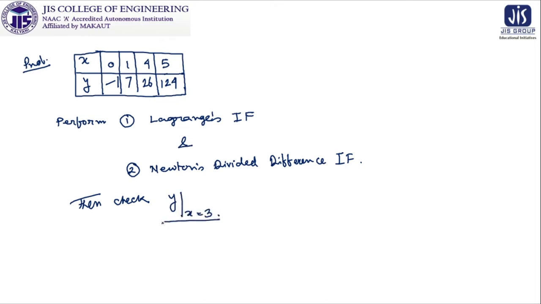So obviously it is very much clear that if the interpolating polynomials are the same, then the functional value at a fixed point will also be the same.